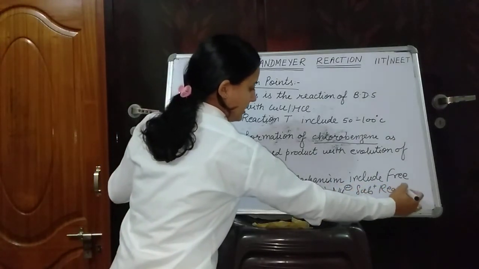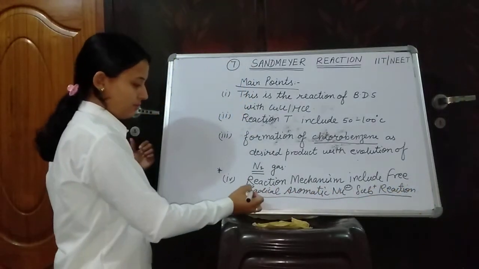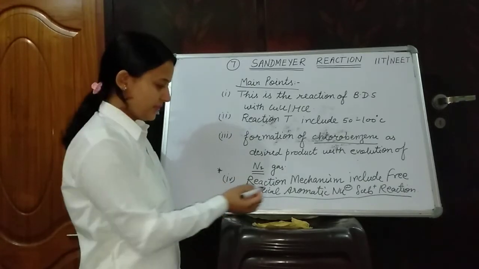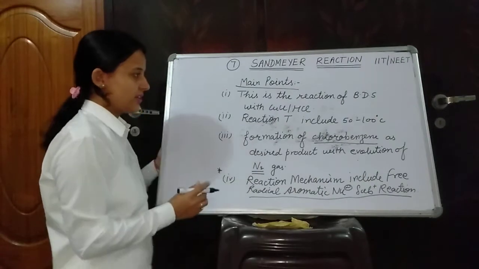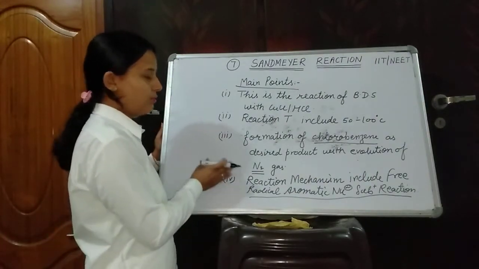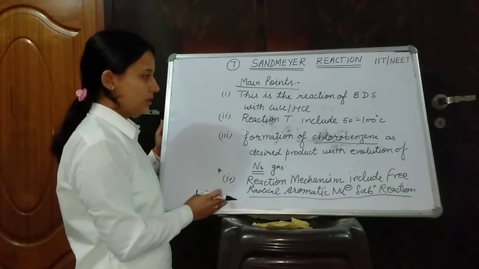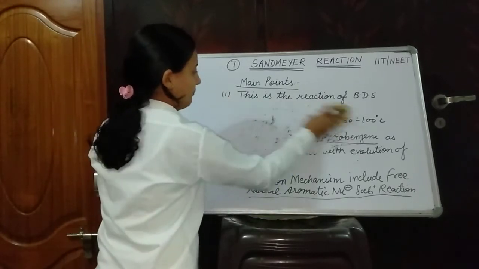We will discuss each and every step of this mechanism: how it is free radical, and how it is a nucleophilic substitution reaction. You can take a screenshot of the main points of the reaction. After that we come to the reaction and then move to the reaction mechanism.